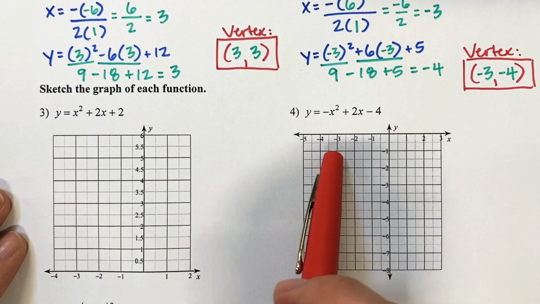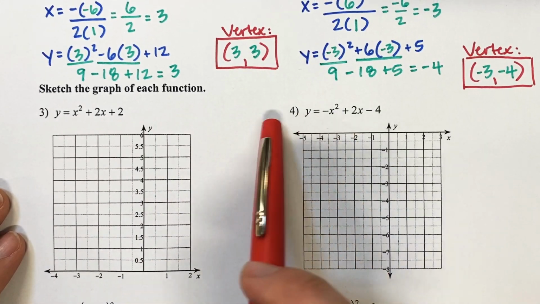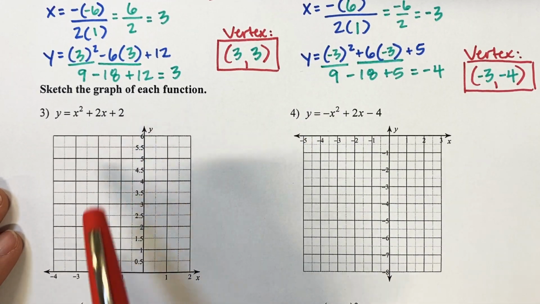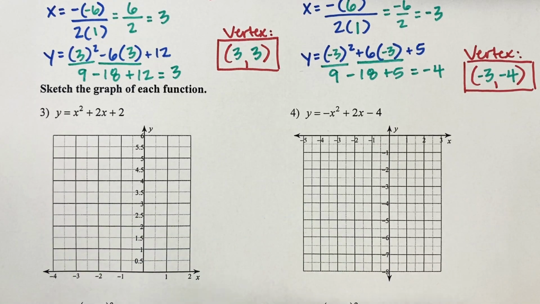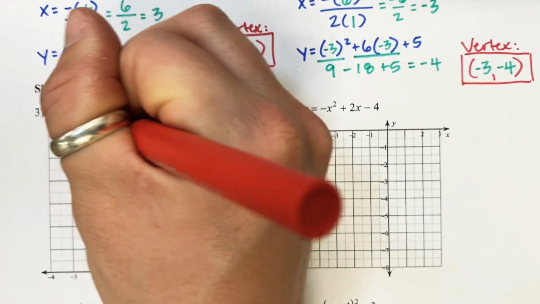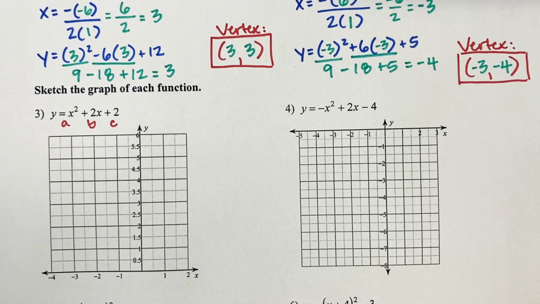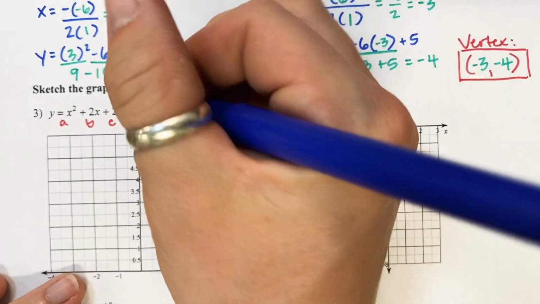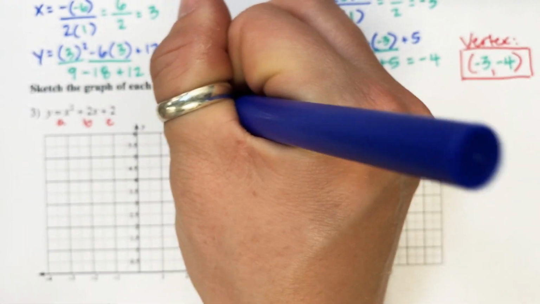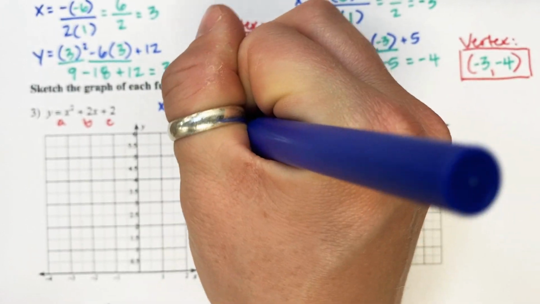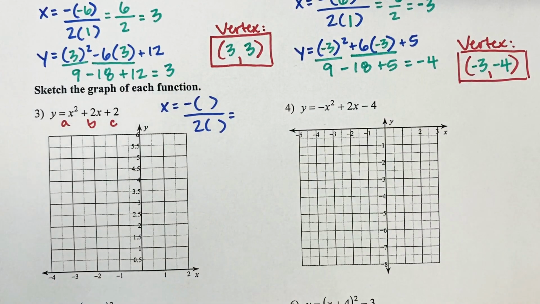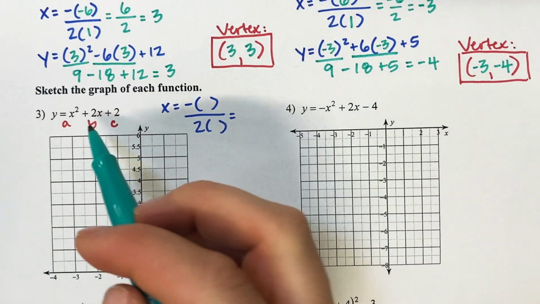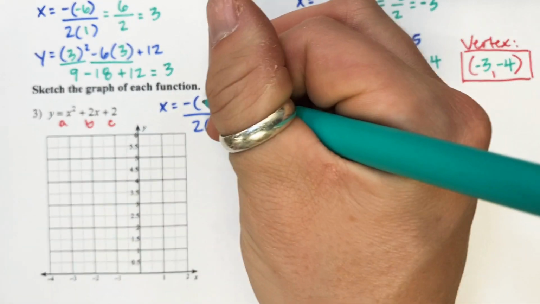On 3 and 4, these are still in standard form, and we're still going to find the vertex, but then we're going to graph it after. So let's identify a, b, and c and plug it into our mini formula to find x. X is equal to negative b over 2 times a. B goes on top. My b is positive 2.